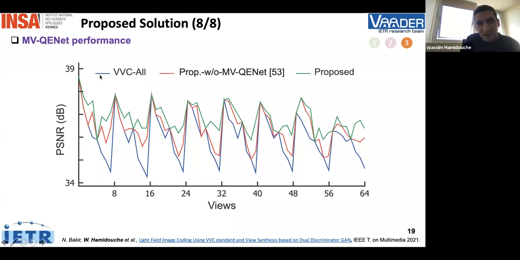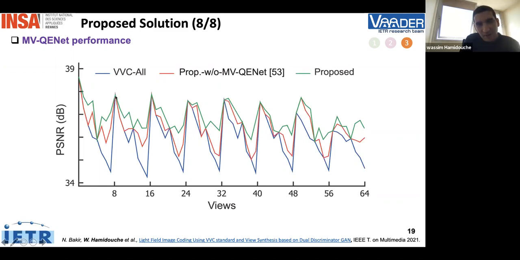And these 3 colors, blue, red, and green, represent the configuration where all views are encoded with VVC, and this is the solution which performs a rate distortion between VVC and view synthesis, but without this quality enhancement block. And the green curve is with this quality enhancement block.